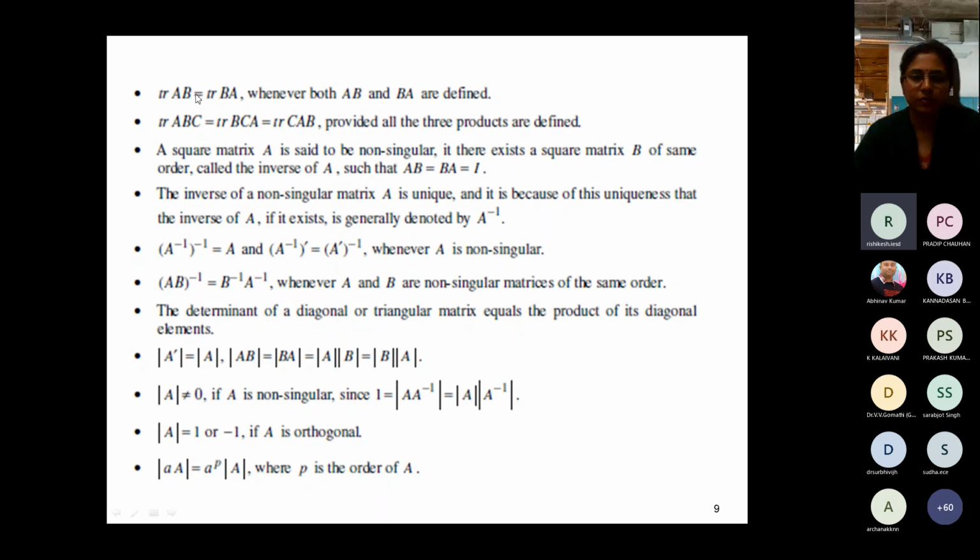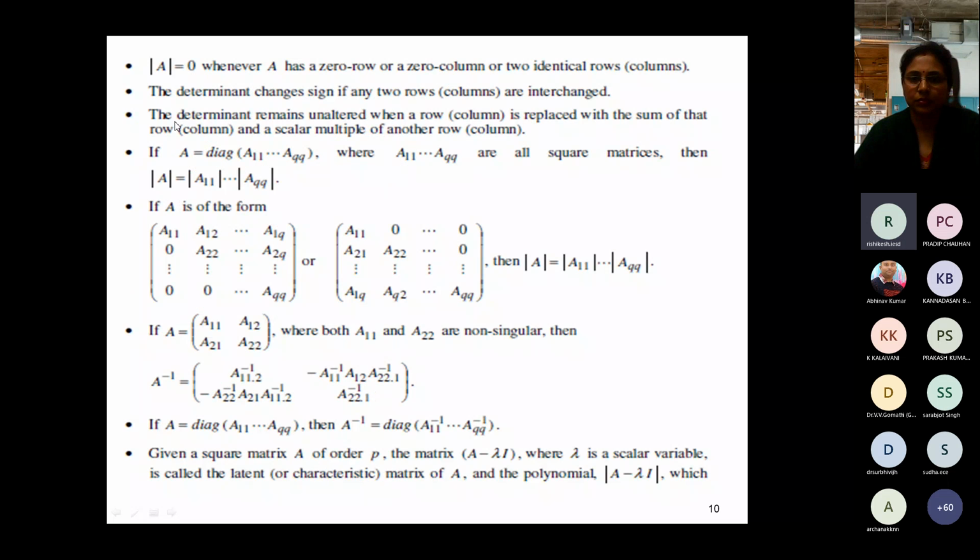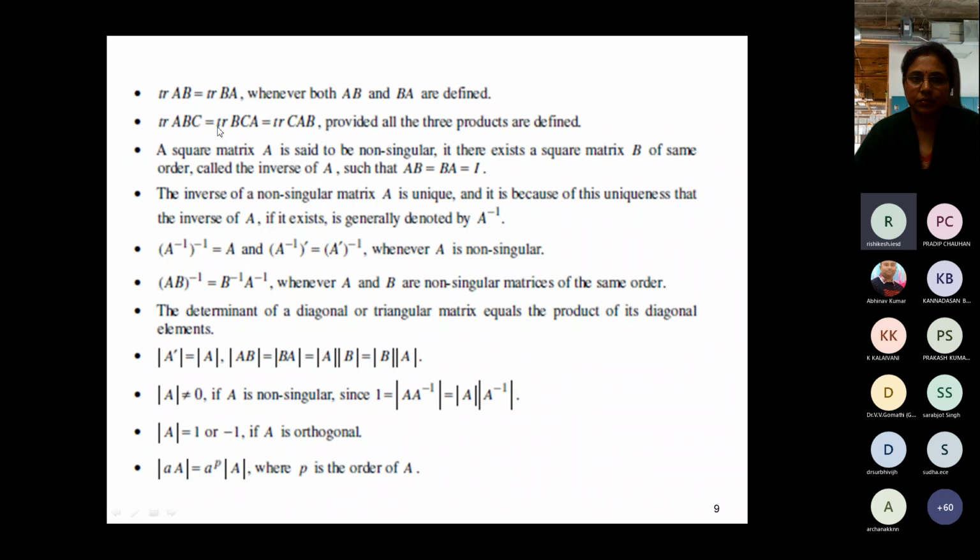Trace of AB will be equivalent to trace of BA whenever both AB and BA are defined. Similarly, trace of ABC is equal to trace of BCA, equal to trace of CAB, provided all the three products are defined.